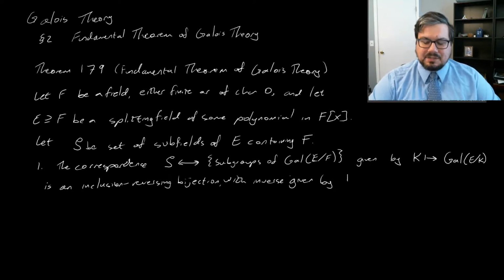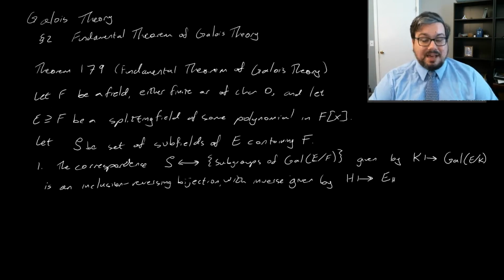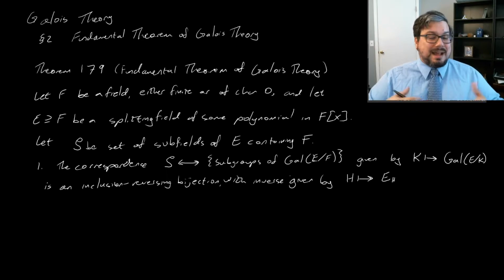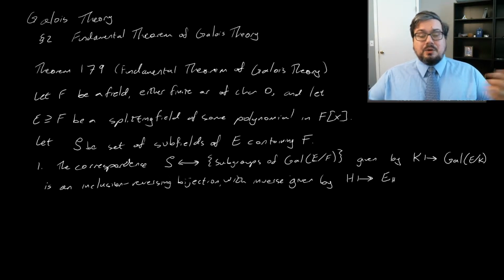If we have some subgroup H of the Galois group of E over F, then we can look at the fixed field of that subgroup, as we looked at last time, the set of all elements of E that are fixed by every element of the subgroup H. And so these two functions go in the two directions there.